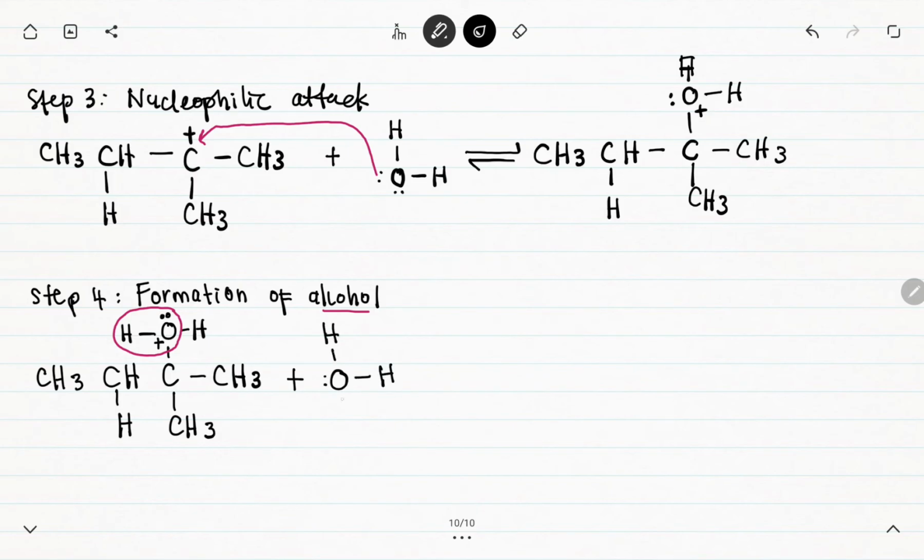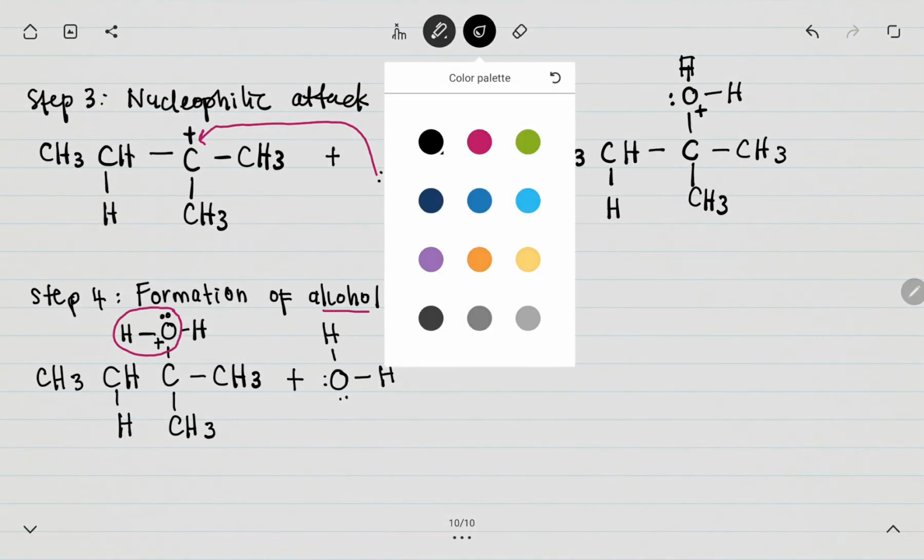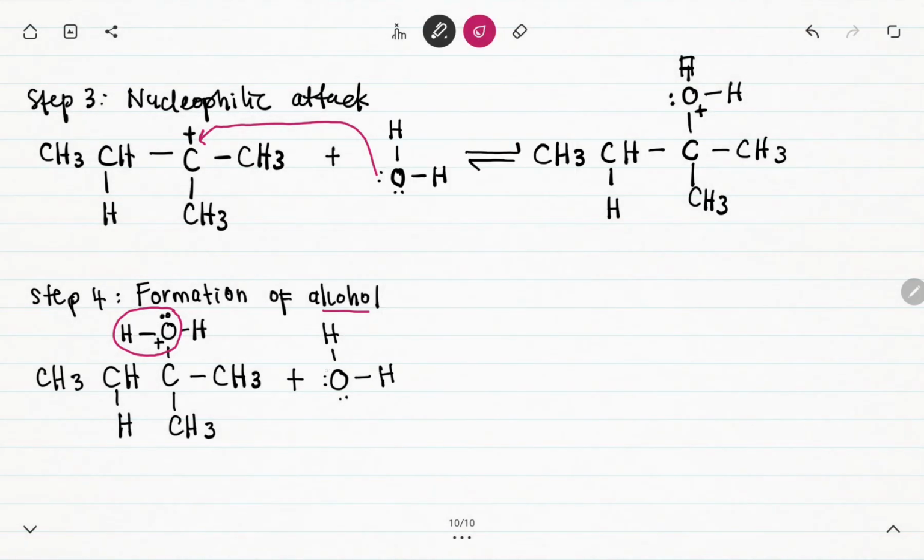Our target is to produce H3O+ again, because H3O+ is the catalyst. So the lone pair of oxygen, using a full-headed arrow, attacks the proton, which is hydrogen, and the bond cleavage occurs between O and H. The electrons from the bonding pair go directly to the O.